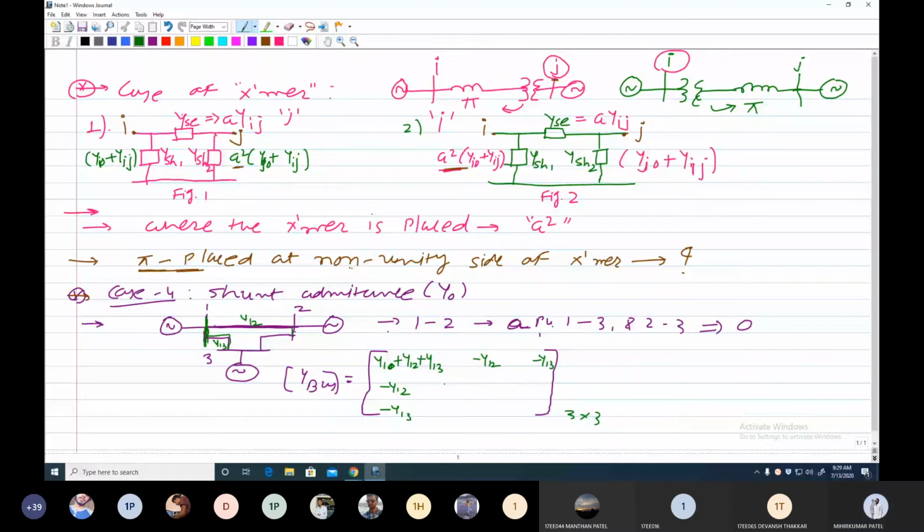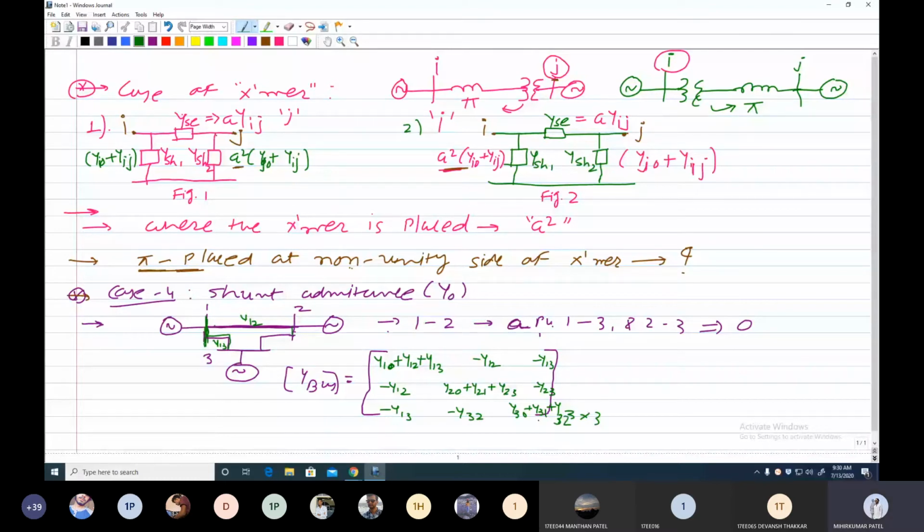It is Y20 plus Y21 plus Y23, and the third element is minus Y23. Here it is minus Y32, or Y23. And the final one, Y33, is equal to Y30 plus Y31 plus Y32. Clear?